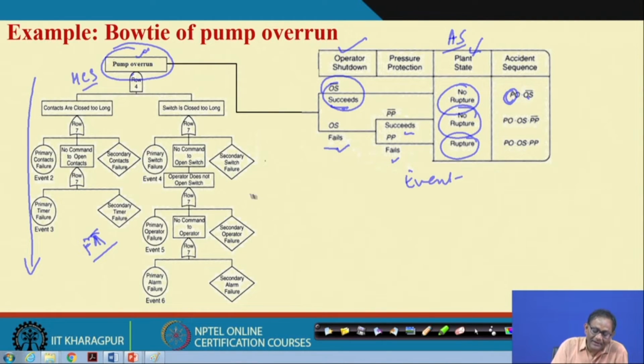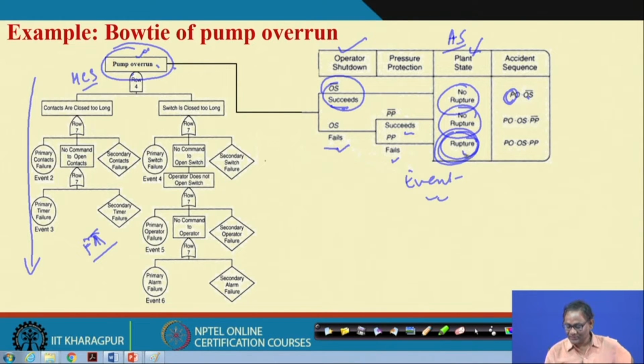The fault tree talks about why pump overrun occurs; the event tree talks about, if pump overrun takes place, how your system behaves against it to restore normalcy. If your protection measures fail, then finally the rupture, the accident situation, will take place. So it's a beautiful way of looking into the problem.